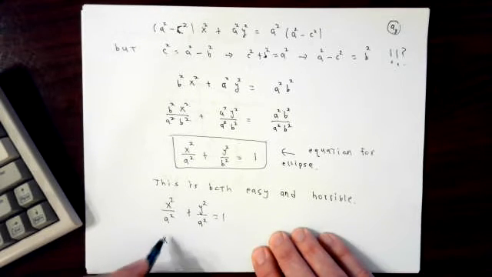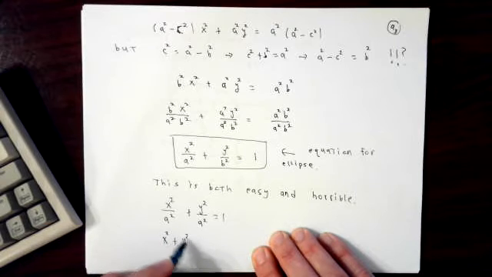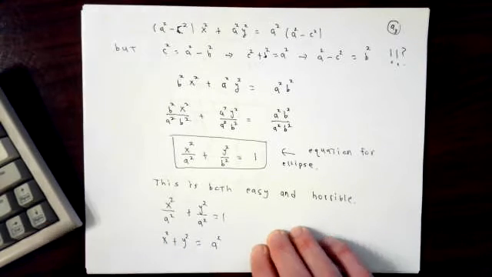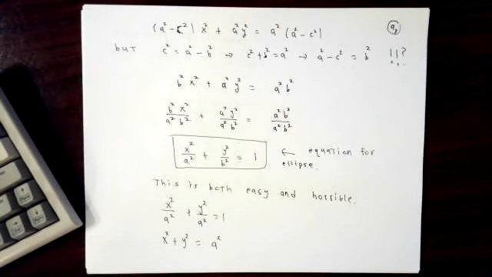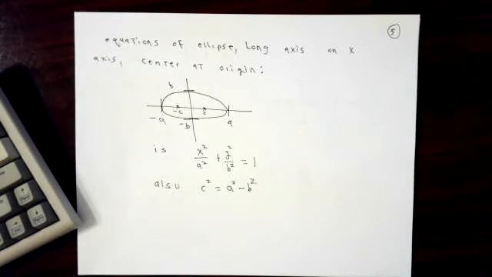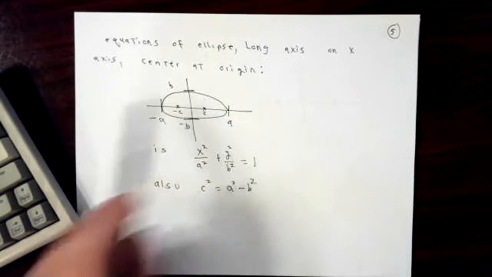Multiply both sides by a squared, and you see that's the equation for a circle, center at the origin, radius a, which is at least some reassurance that this result is probably right. So we know all about circles, and now we know all about ellipses that are like this.